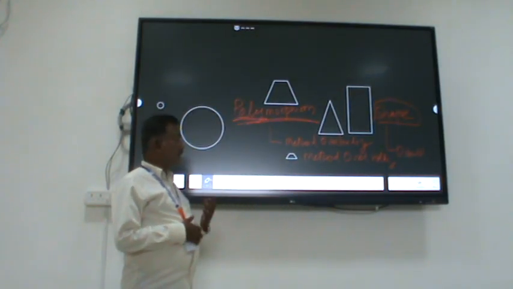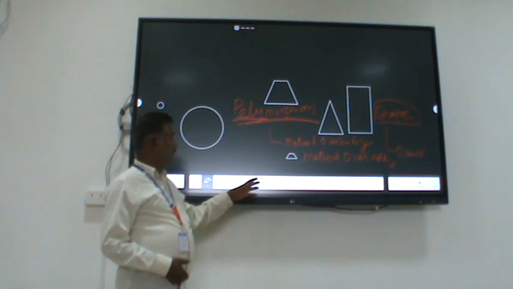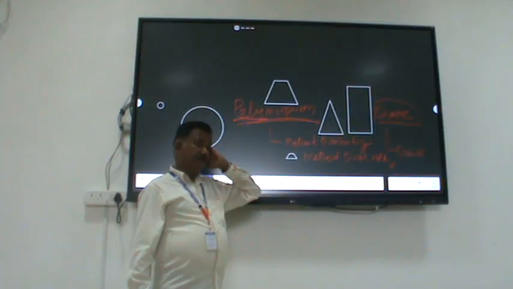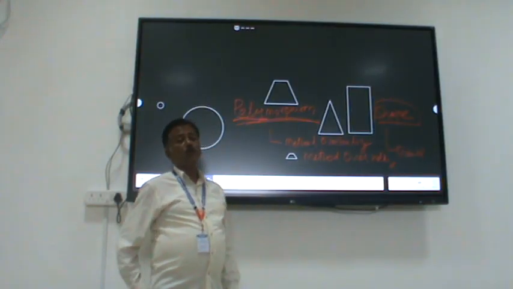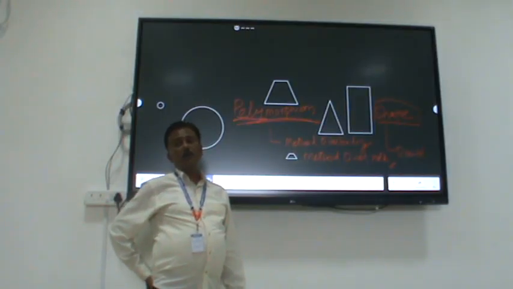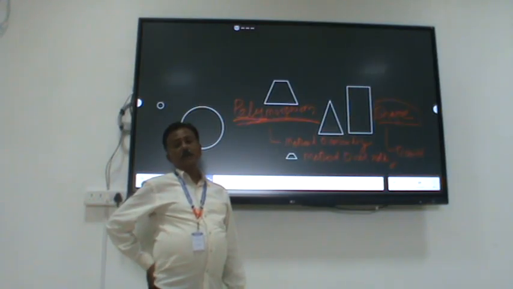We have not covered inheritance yet, so we need not worry about it now. So for method overloading, write down the definition in your notebook: creating more than one form of the same method but different in number of parameters and the type of parameters.